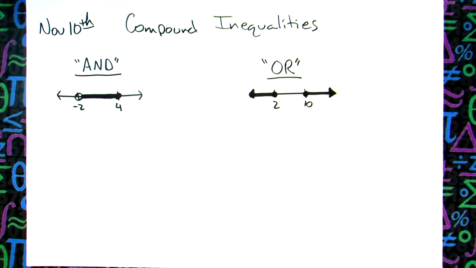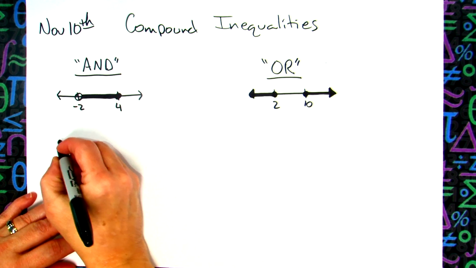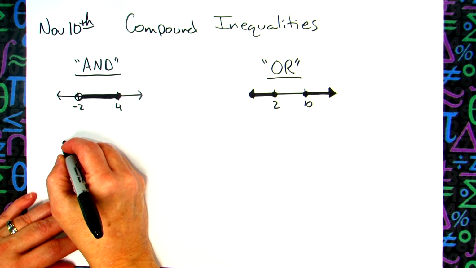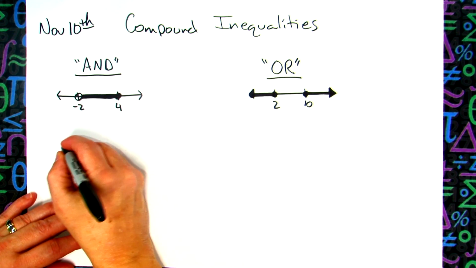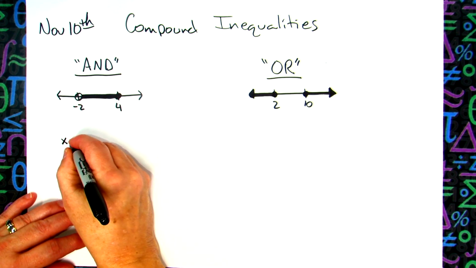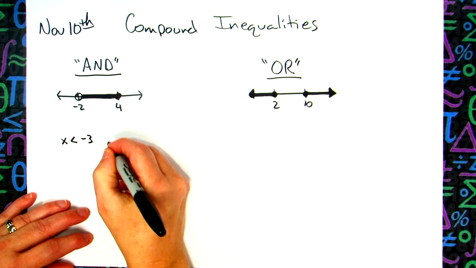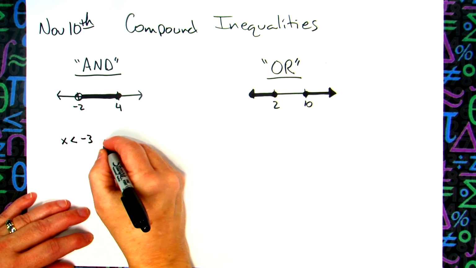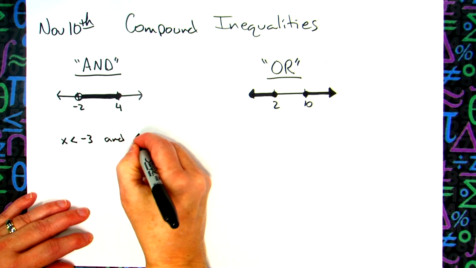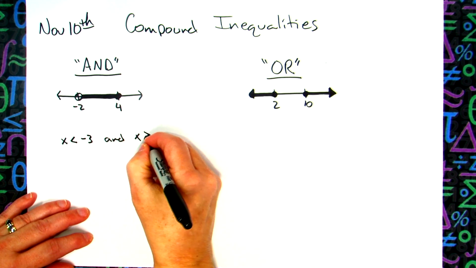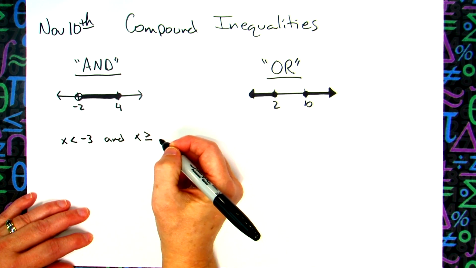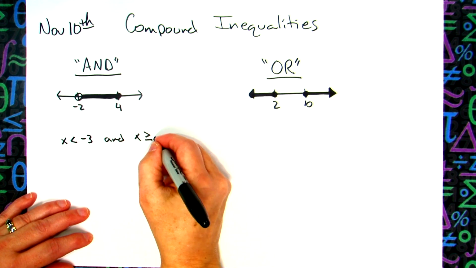Now, they can be super simple, or they can be one-step equations, or two-step equations, or three-step equations, or four-step equations. All right, so let's suppose the most obvious and one, which would be the easiest. We're not going to work them out. I'm just going to show you what they look like. We could have something like x is less than -3 and x is greater than or equal to -5.